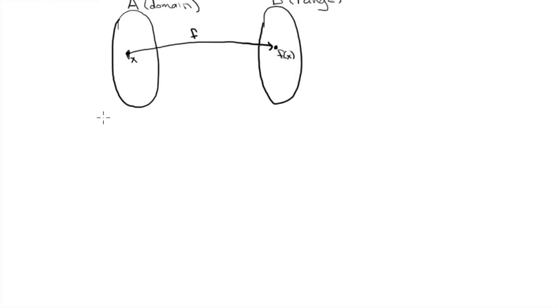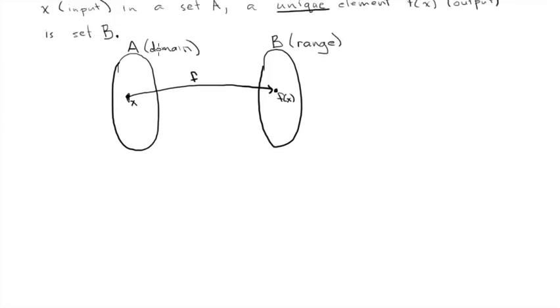Another terminology thing we might want to talk about right now. We have the first set we call our domain, and the second one we call our range. The variables here we're going to call our independent variables, and the variables over here we're going to call our dependent variables.